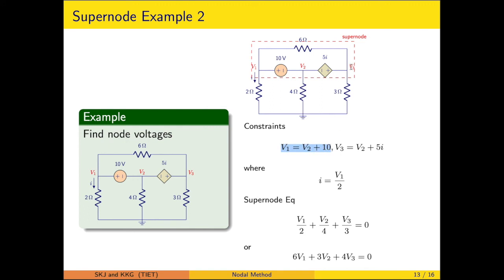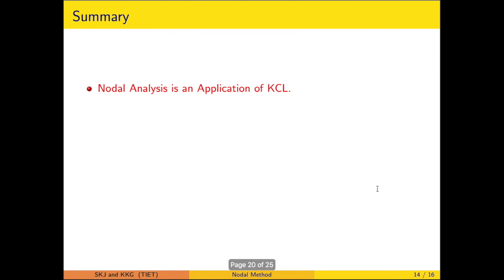The third relationship is V2 plus 5I is equal to V3 and so on. Now this is a controlling current I. It depends only on this particular node voltage V1, and we can solve it conveniently.